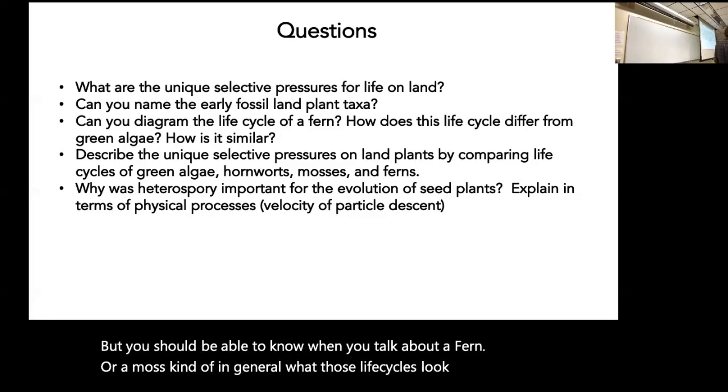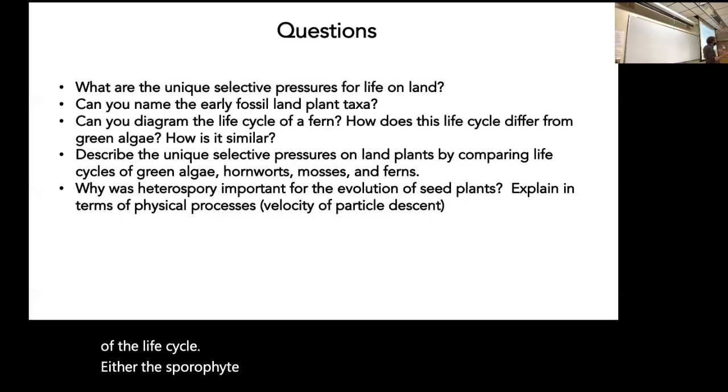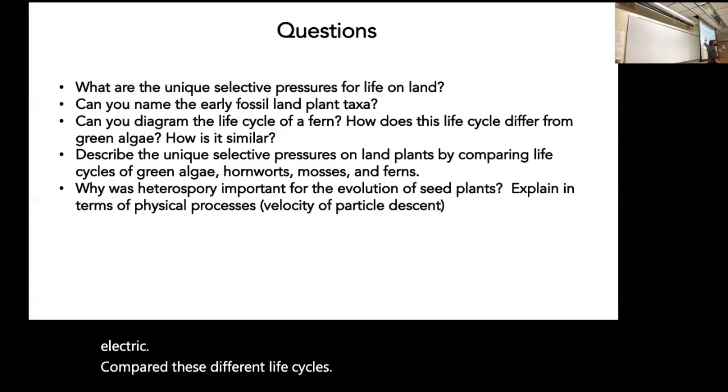And realize that evolution by natural selection has changed the nature of the life cycle. Either the sporophyte is elaborated or the gametophyte is elaborated. So if you compared these different life cycles, it would tell you the evolutionary history of selection for life on land.